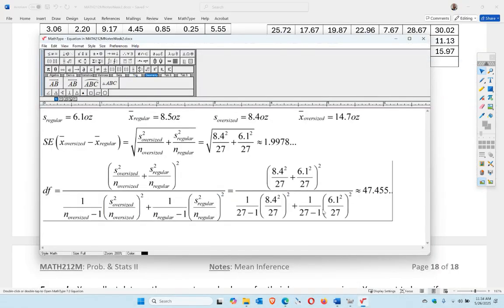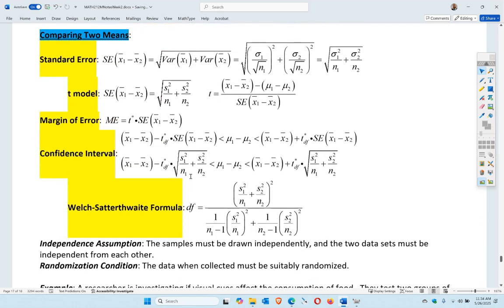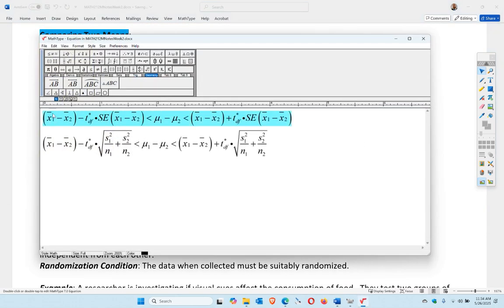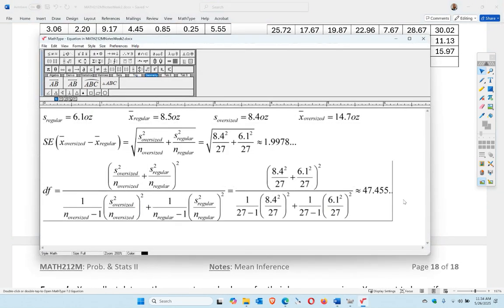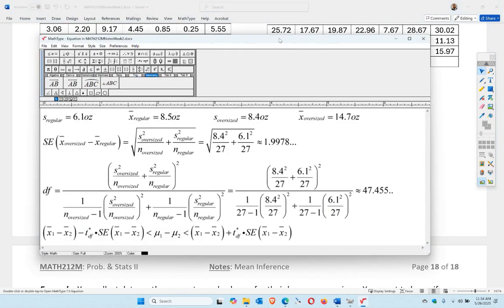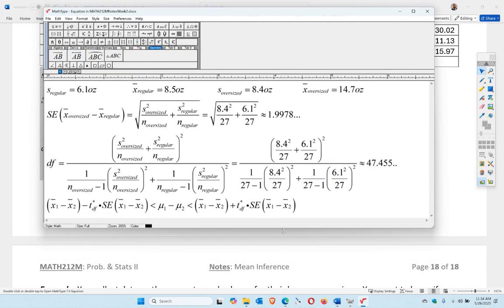Yeah, close enough. Okay, so now we can do our confidence interval essentially. So let's go back up to here. These are both the same thing, but one's already filled out, so we already have this. I'm just going to take the first part, copy, and paste. So that's our confidence interval.